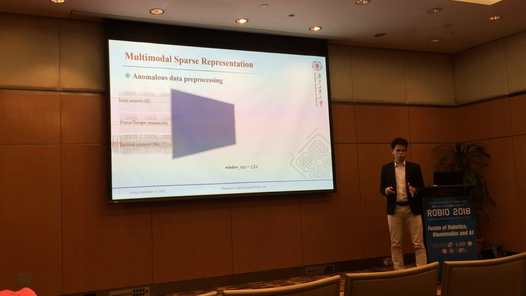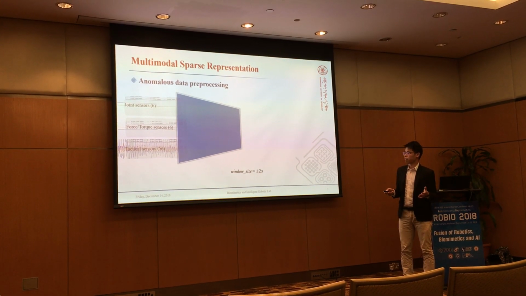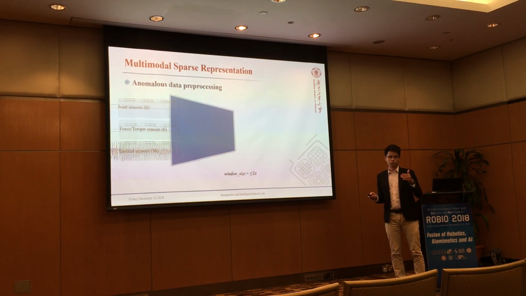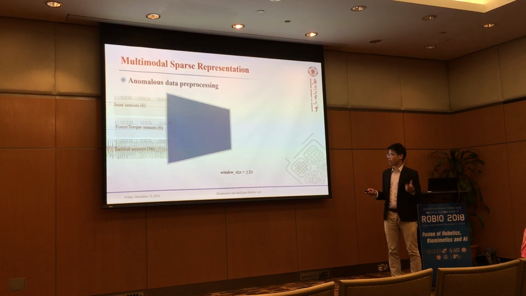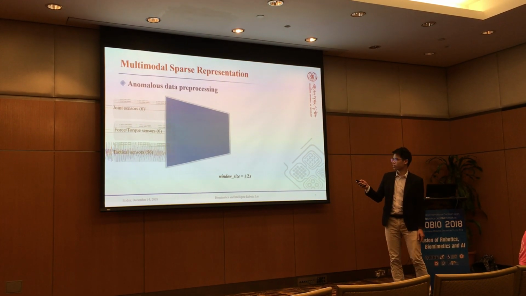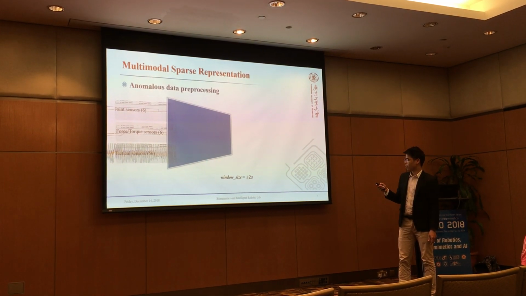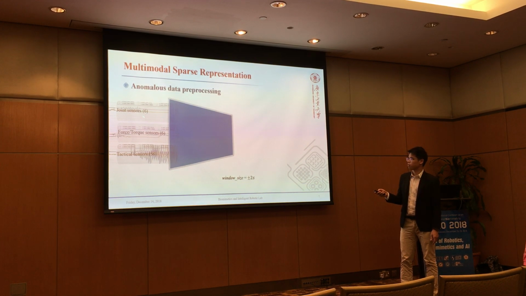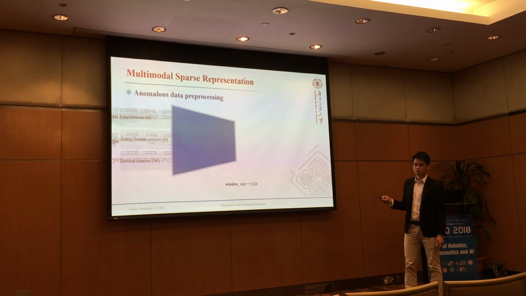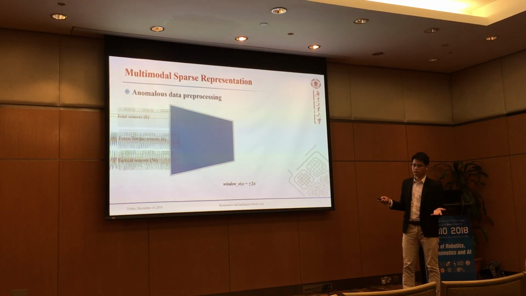So the whole procedure to extract the anomalies from scratch is as follows. We have 3 types of sensors. We have the joint sensors, where the 6 means 6 dimensions. We have the force torque sensors, including force and torque, totaling 6 dimensions.